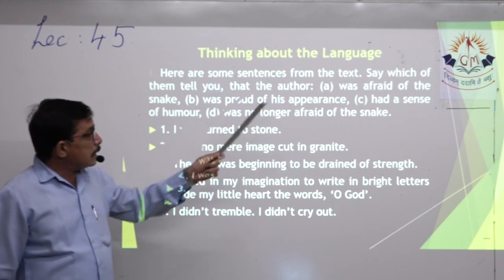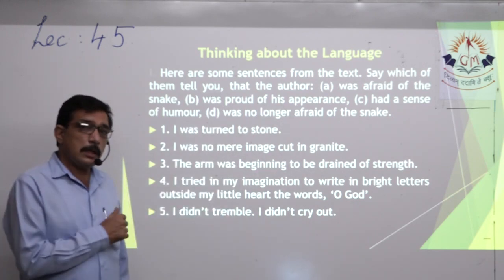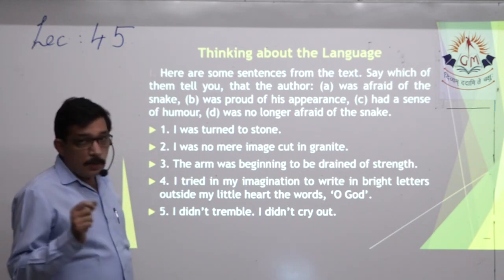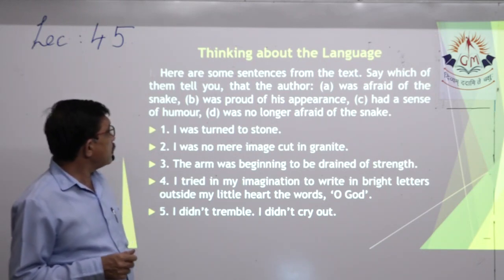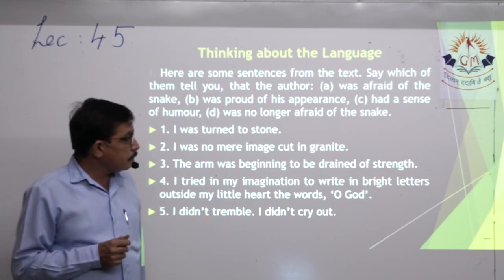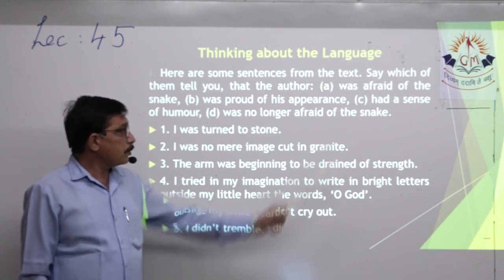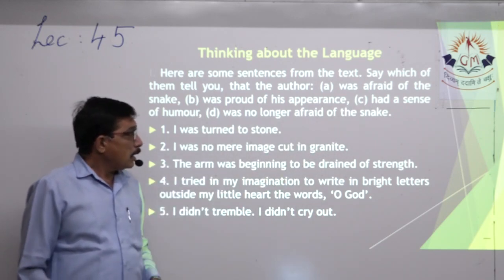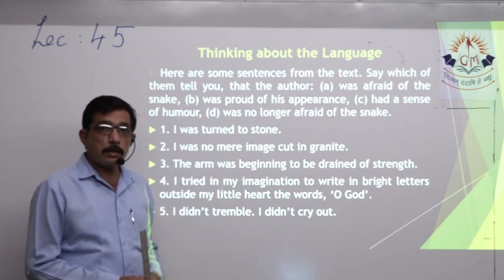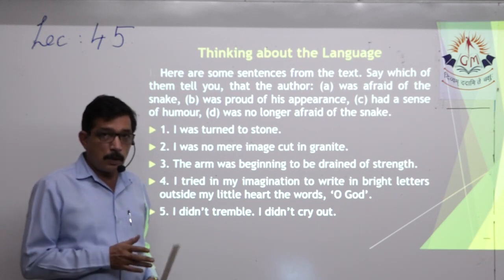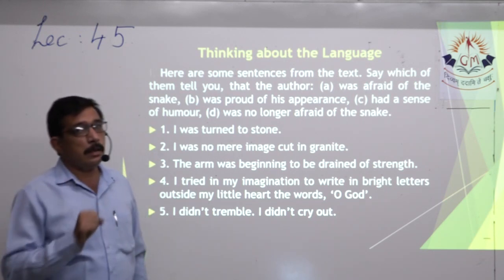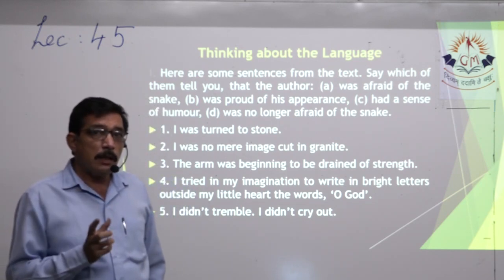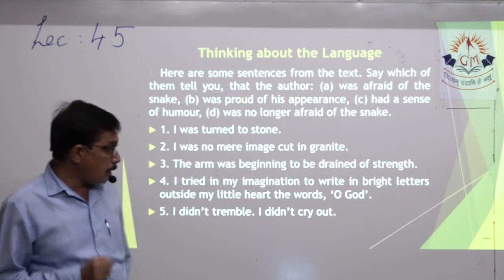Here are some sentences from the text. That means these sentences are taken from the chapter. Say which of them tell you that the author, the narrator. Now there are 4 options: A, B, C and D. By reading the sentence, we should be able to tell which type of feeling is expressed by the narrator.